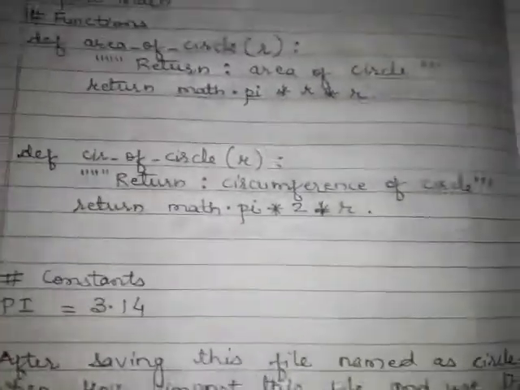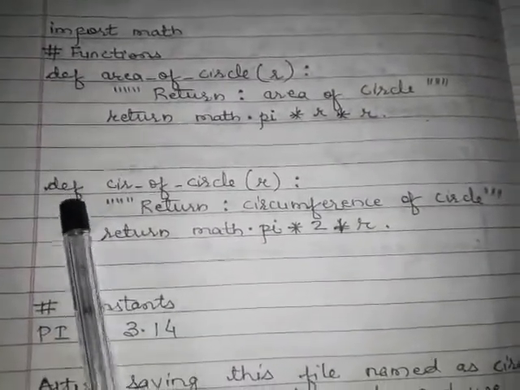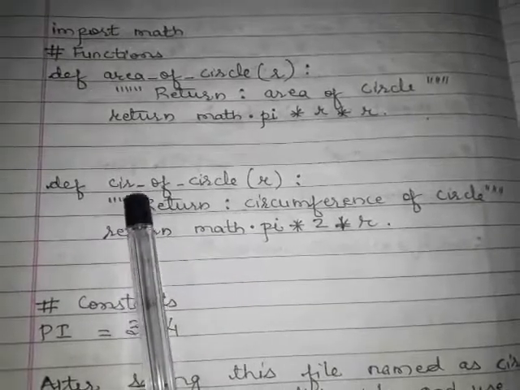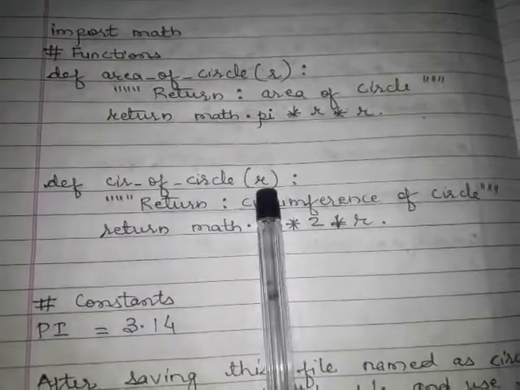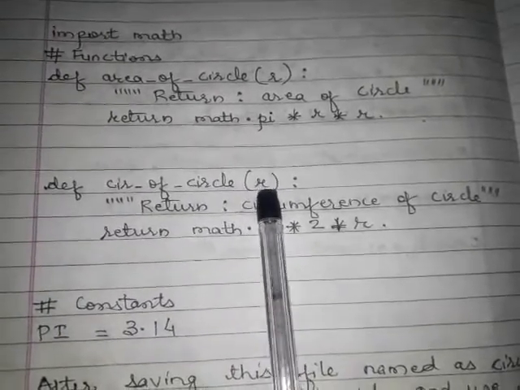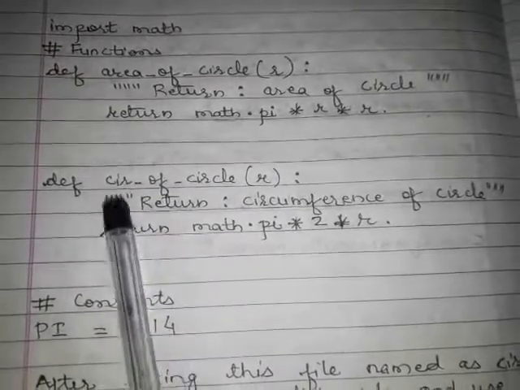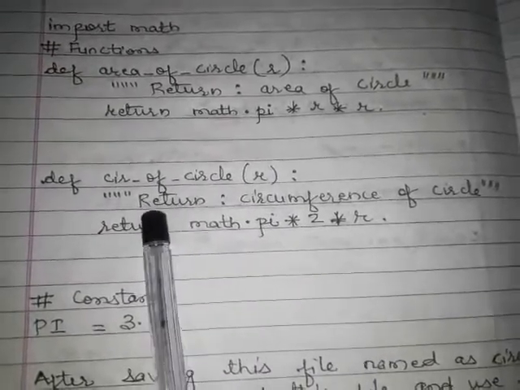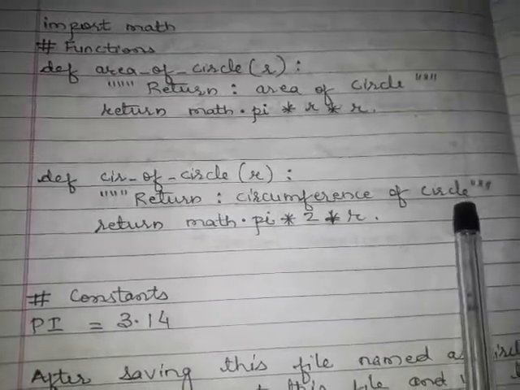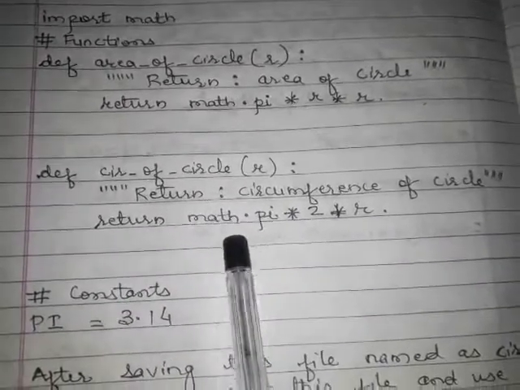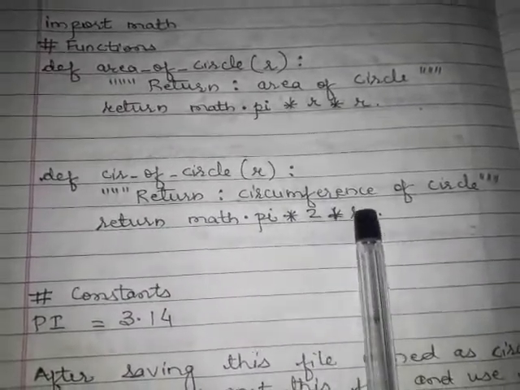So this will calculate the area of circle. There is another method which calculates the circumference of circle. Here also a single argument is needed, which is radius. There is also a doc string which says it returns the circumference of the circle. It will return math.pi multiply 2 multiply r.